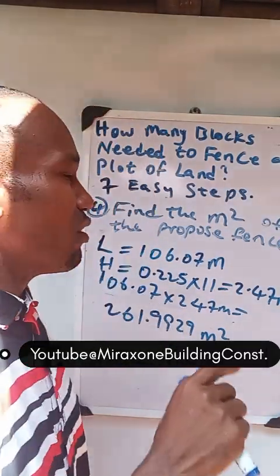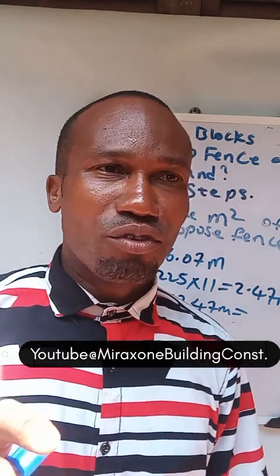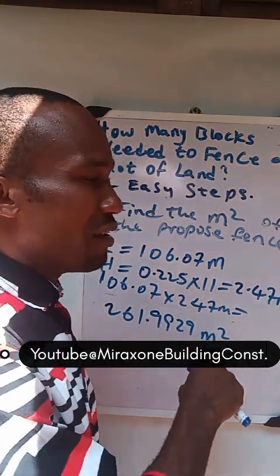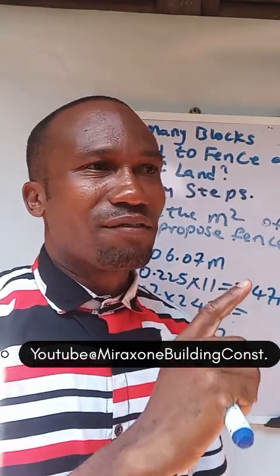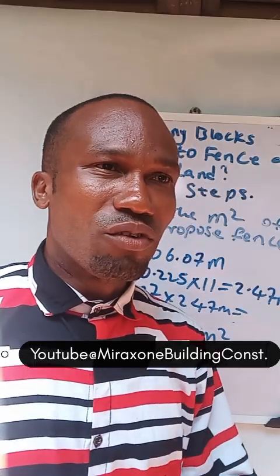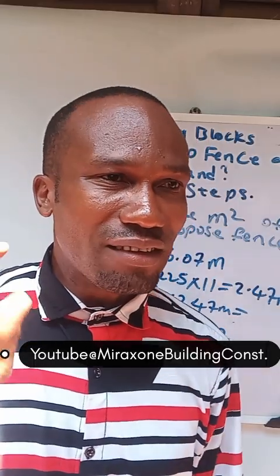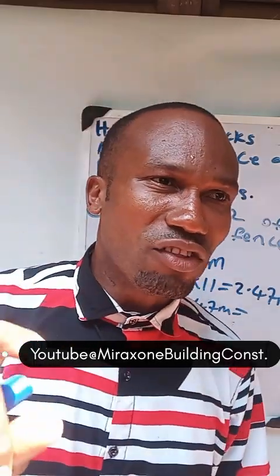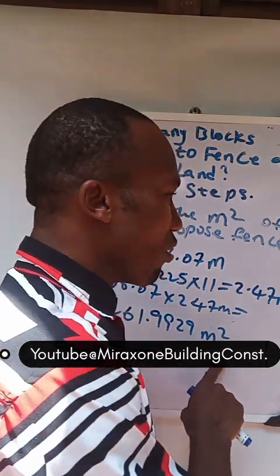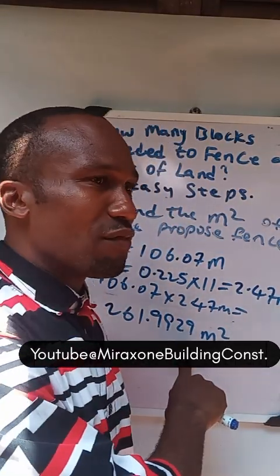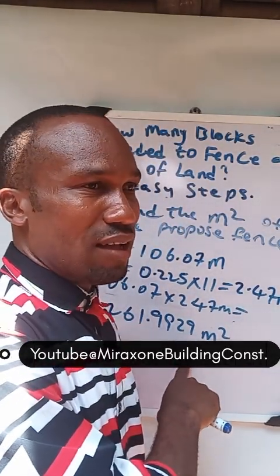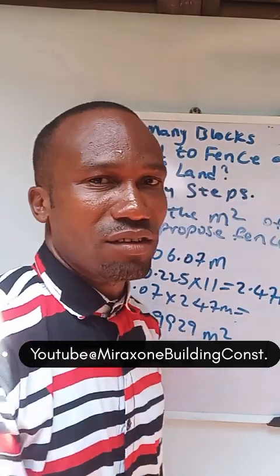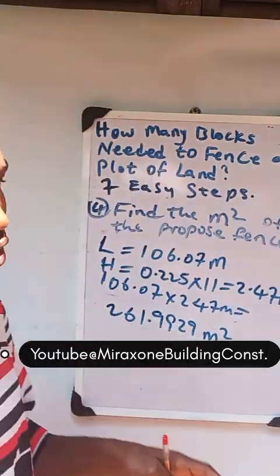The places that the fence will go through. So this is it, the length times height. Okay, we will get the area. Do you understand me? Pay attention. We have gotten the one of block, then the place we are working, the proposed fence. This is the working area. Do you understand me? So with this, we are good to go.